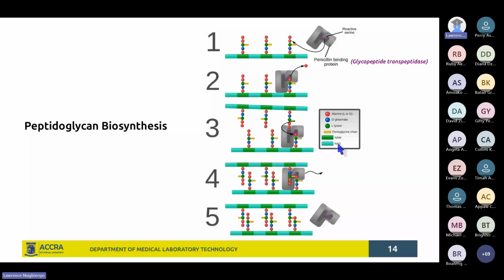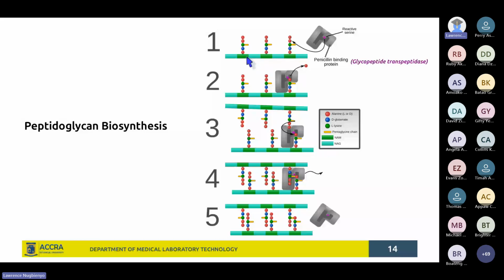The green is N-acetylmuramic acid, which is NAM. So you have that sort of alternating structure where N-acetylmuramic acid and N-acetylglucosamine join together to give you that polysaccharide chain, or say an oligosaccharide chain.